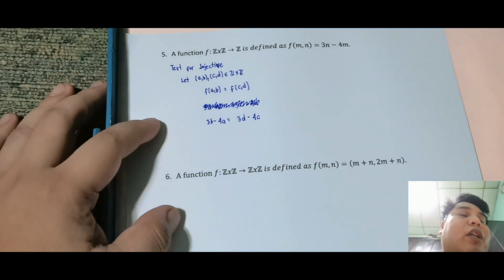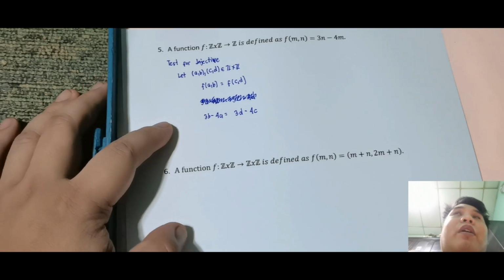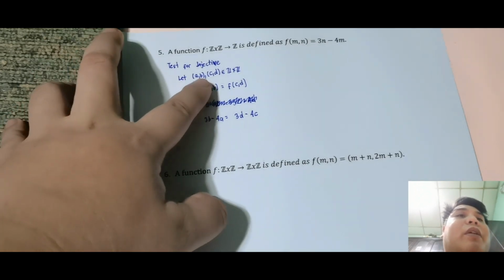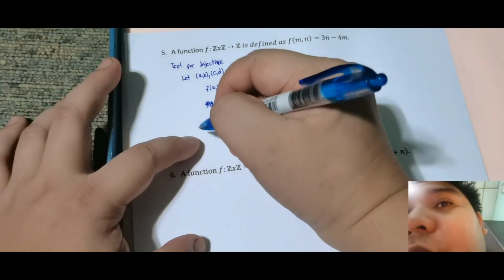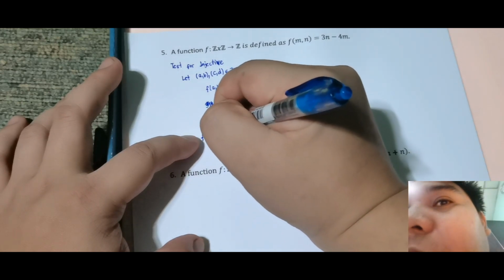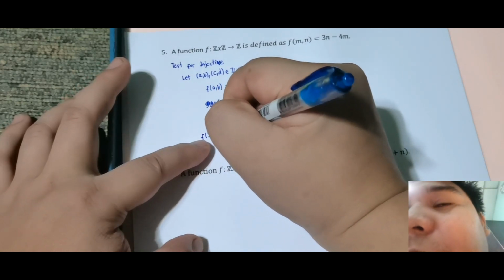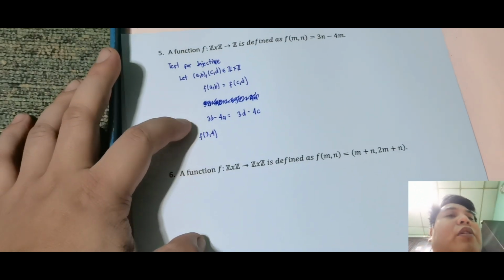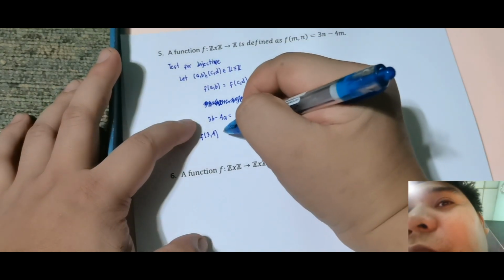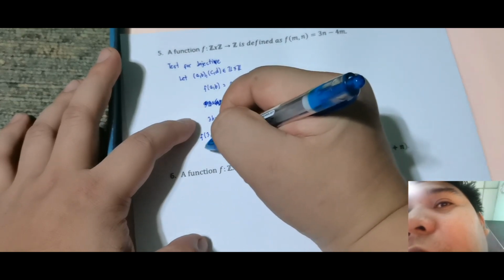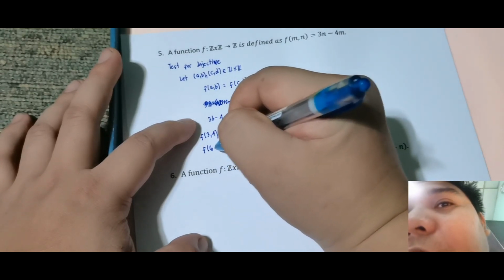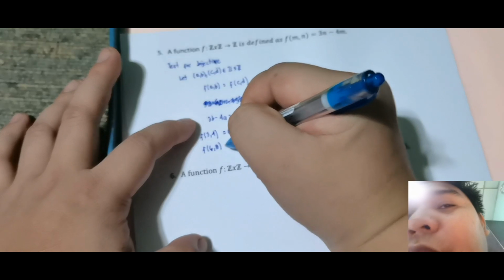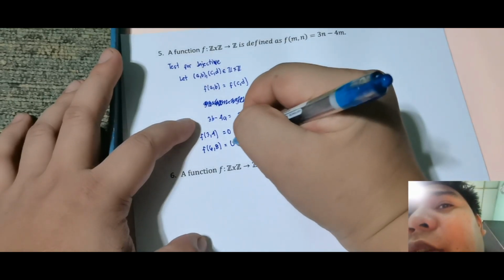Ngayon, bibigyan ko na lang kayo ng counter example na kung saan hindi equal yung (a, b) sa (c, d). For example, si f of (3, 4), pag sinubstitute ko dito sa 3b minus 4a, this is 0. Also, si f of (6, 8), this is also 0 pag sinubstitute mo.